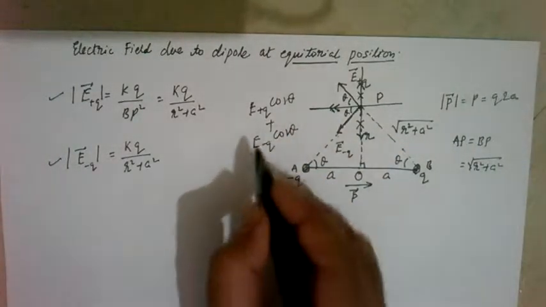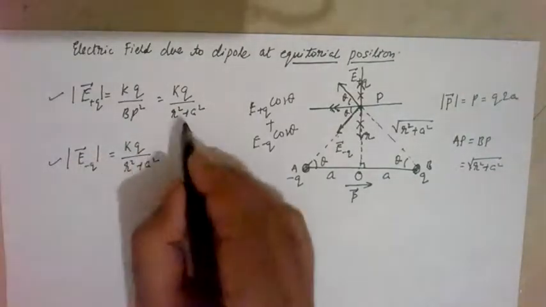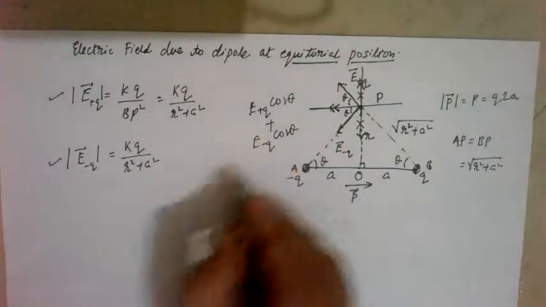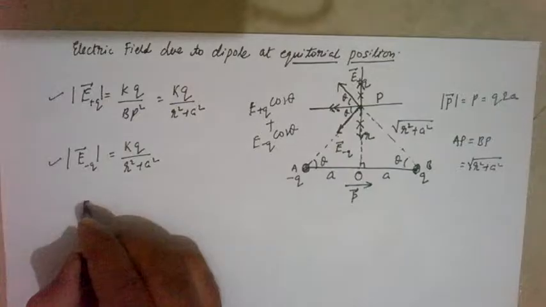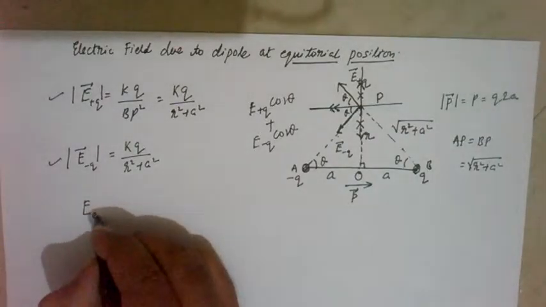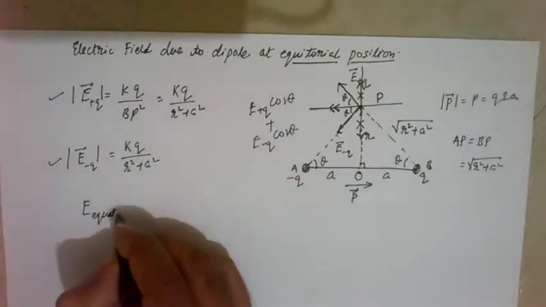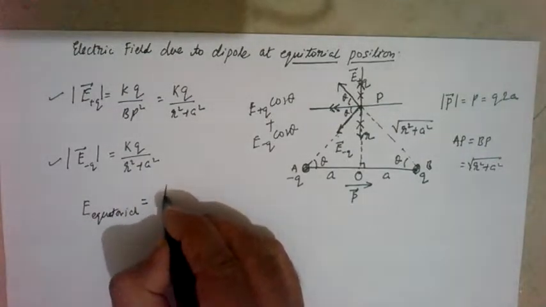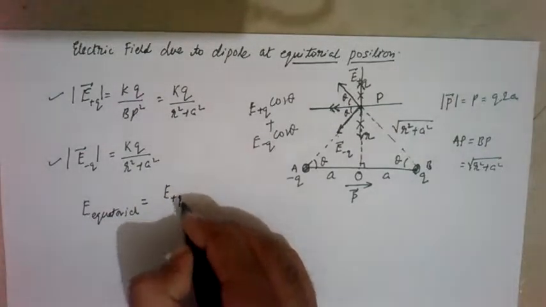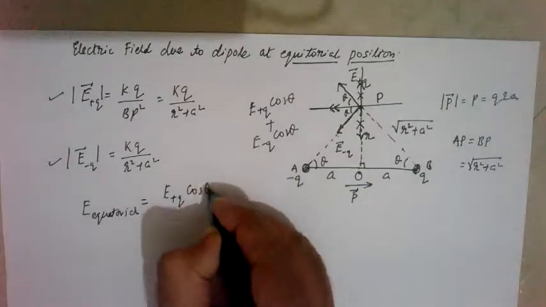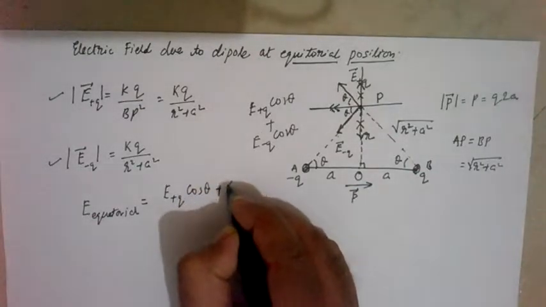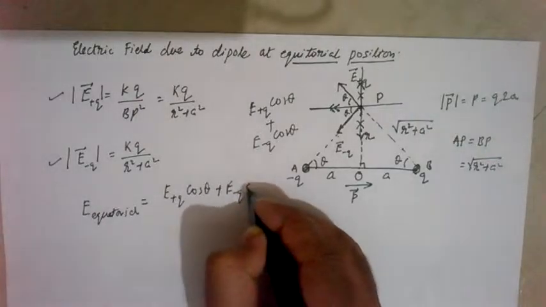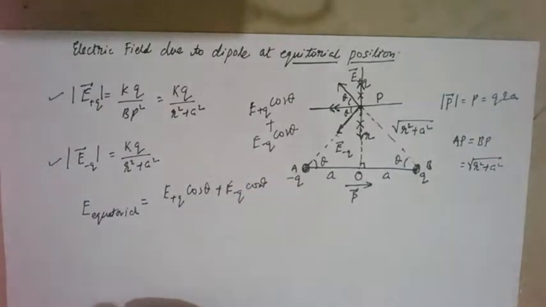Since the magnitudes in both cases are equal, what is the net electric field at the equator? The equatorial electric field equals E due to positive charge, its cos theta component, plus E due to negative charge, its cos theta component.